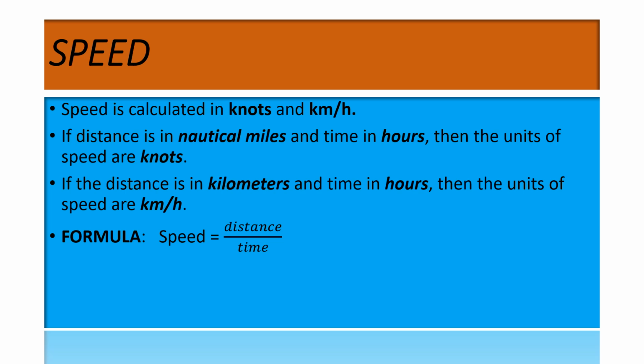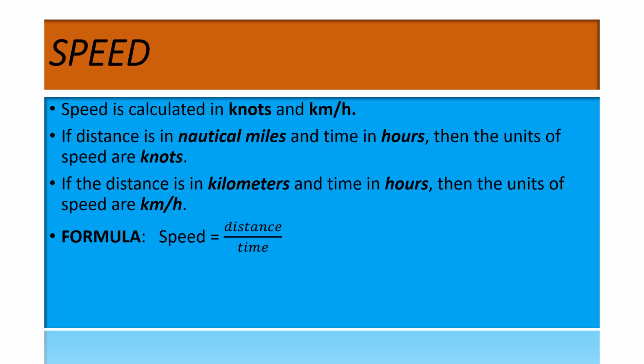Before we do an example, let's also look at how to calculate speed under earth geometry. Speed is calculated in knots and kilometers per hour. If distance is in nautical miles and time in hours, then the unit of speed is knots.